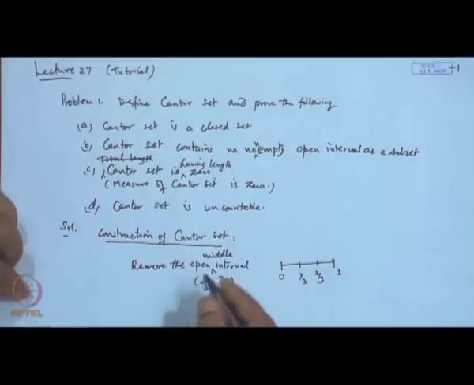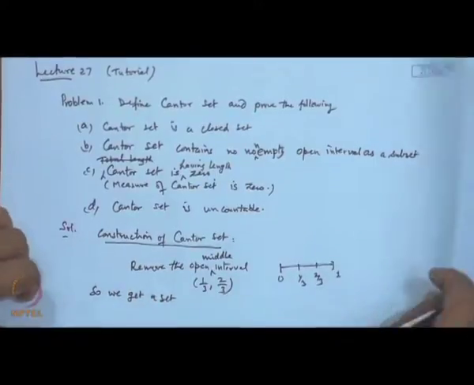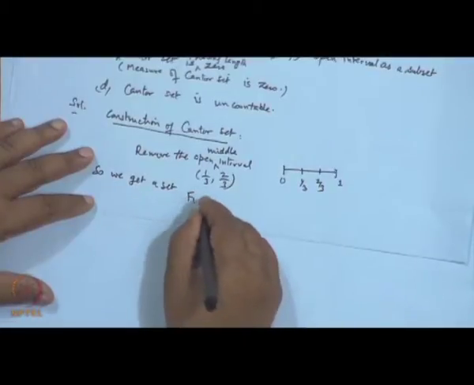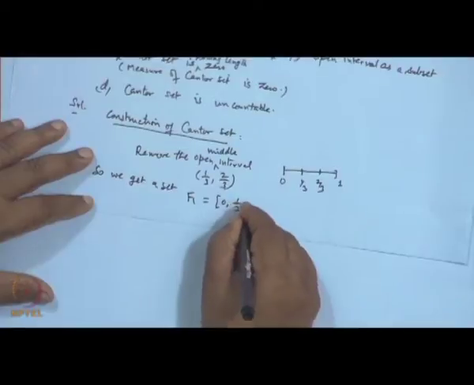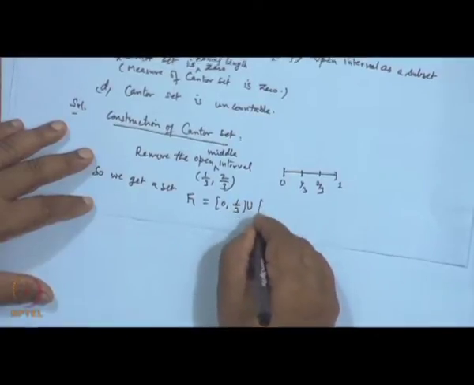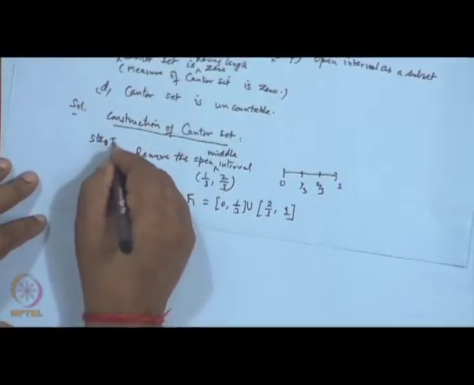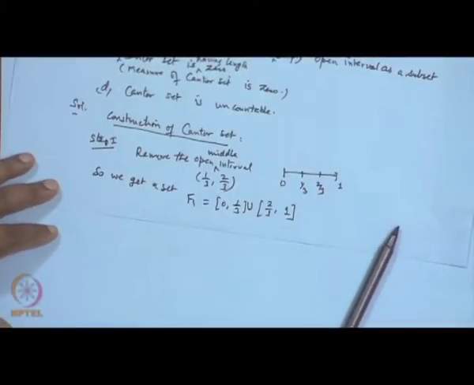The set obtained, let it be denoted by F1, is the closed interval [0, 1/3] union [2/3, 1]. In the first step, we take the closed interval [0, 1] and drop the middle portion.